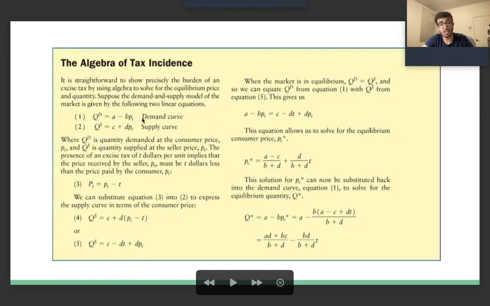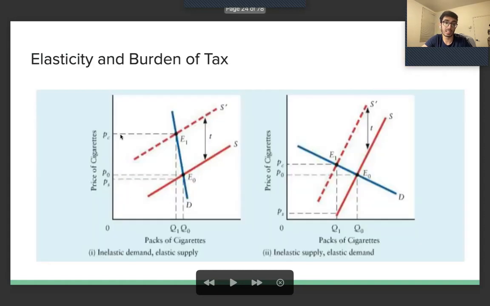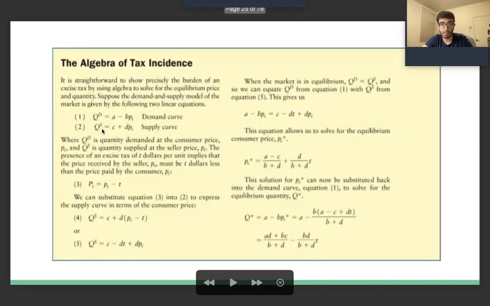When you solve these two equations, you get a value for PC. Don't worry about all these A, B, C, Ds. They're just constants and slopes in the equation, so it'll be actual numbers, and T would also be an actual number. So you'll get a constant value for PC. Now we know PC is just the price at which the consumer functions.